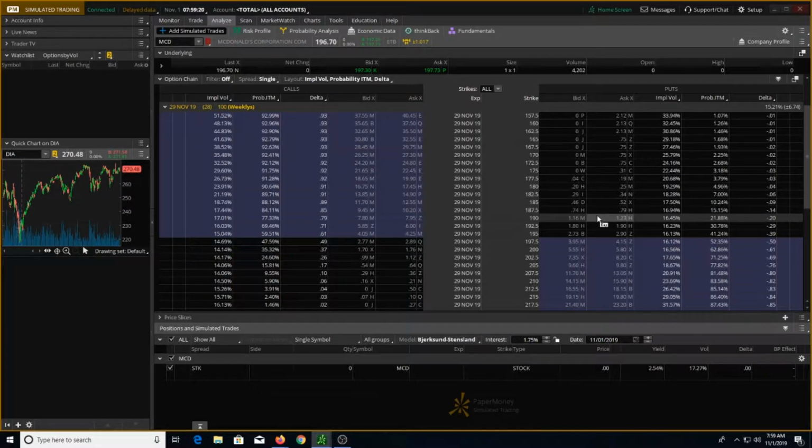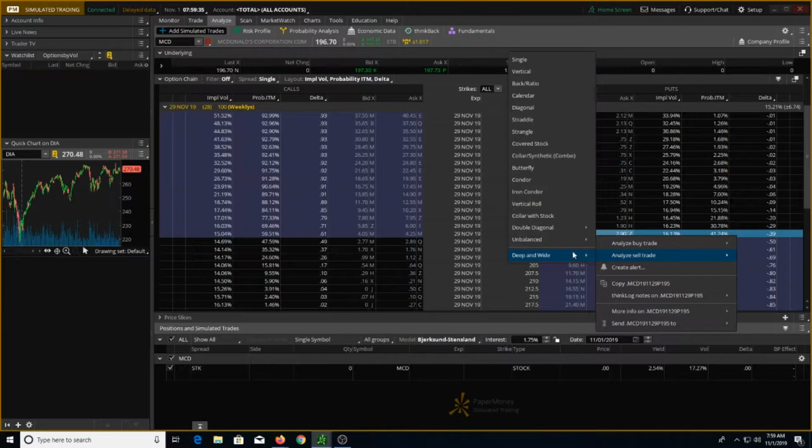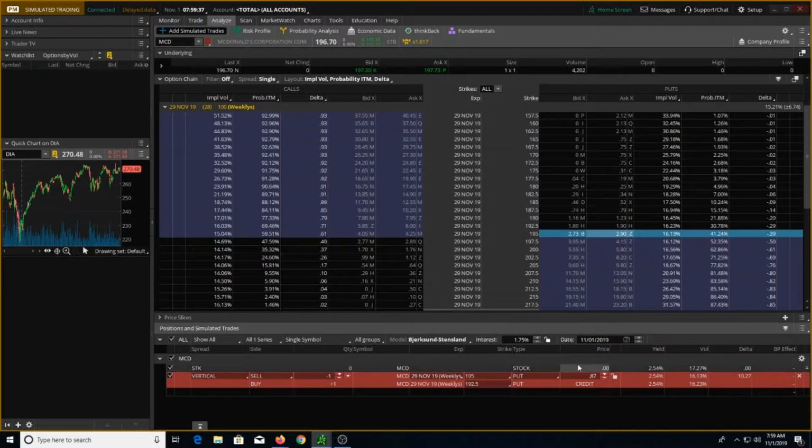But I typically don't hold credit spreads when I place them to the end. So I would be looking at probably trying to close that at about 50%, which is only $35. The other thing you could do, though, is you could come up to this 195 and you could sell a credit spread here at 195/190 for $1.49. So that's a $149 gain on a $500 risk potential gain.